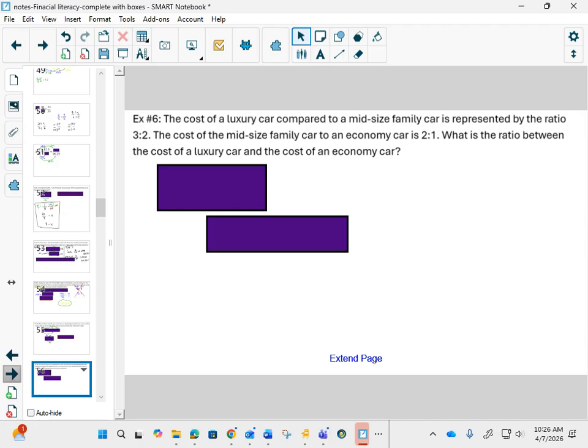So this ratio means 3 to 2, that if you were buying the luxury car, it's going to cost you $3 signs.